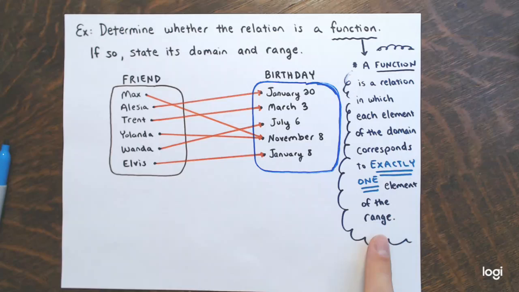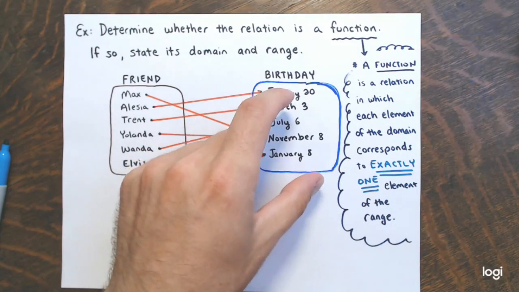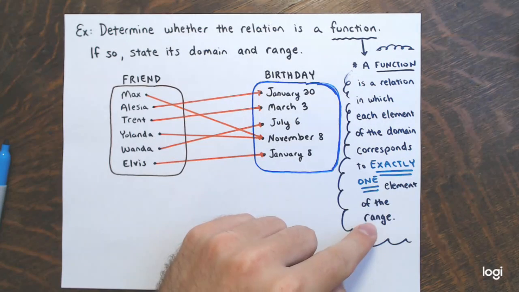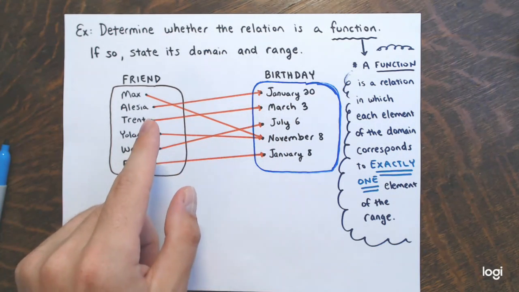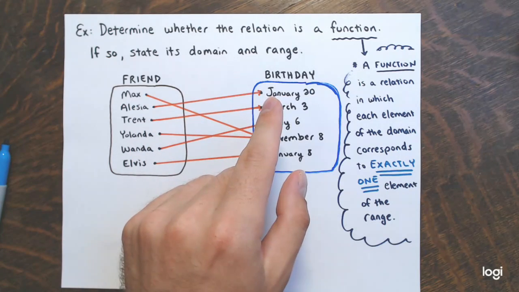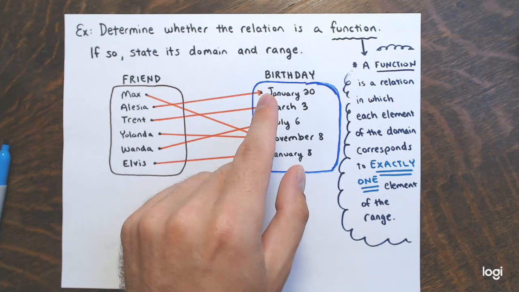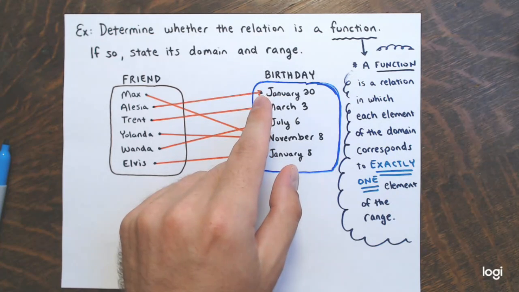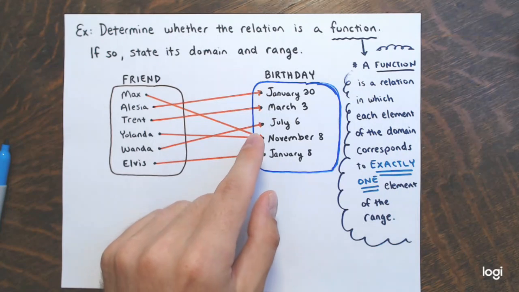The range consists of the elements of the second set, this set of birthdays over here, and an element is in the range if it actually depends on an element from the domain. If there's an element of the domain that corresponds to it, then it belongs to the range. Basically, in this mapping, if it's at the end of an arrow, it's in the range.